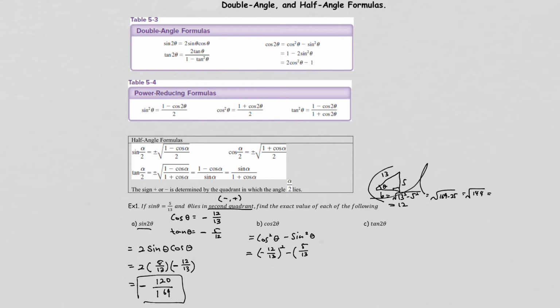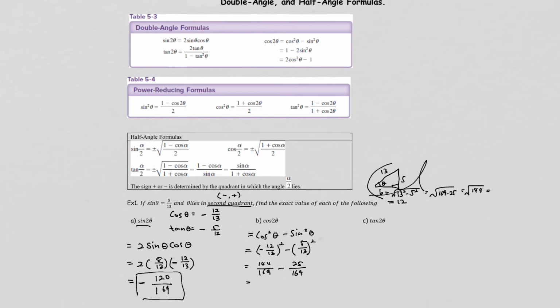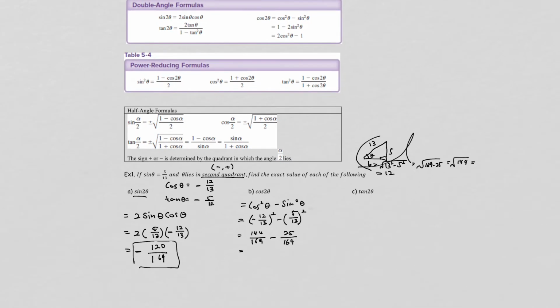You're squaring the negative, so it will be positive 144 over 169 minus 25/169. This gives you 119/169.